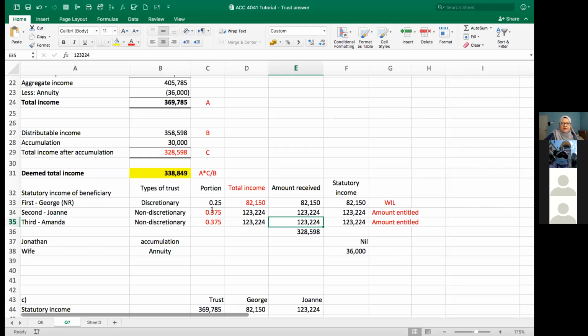Okay, so the amount received is given, and then the statutory income should be E33, because George is the discretionary. Total income 82150, based on what?